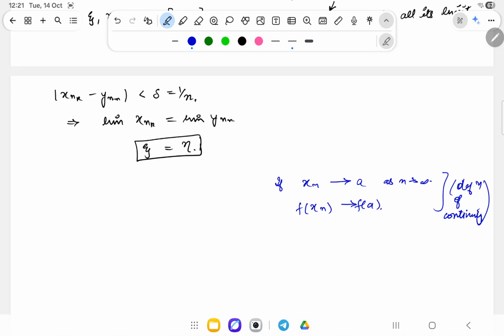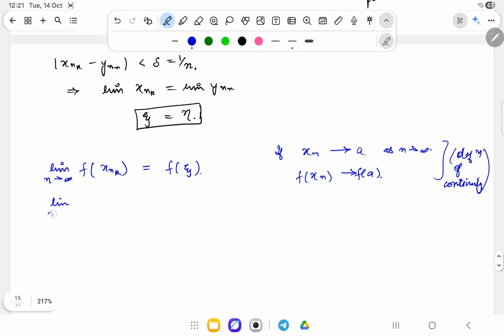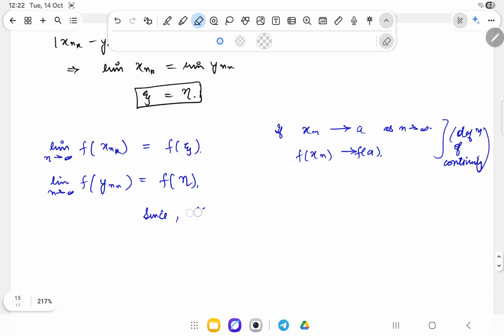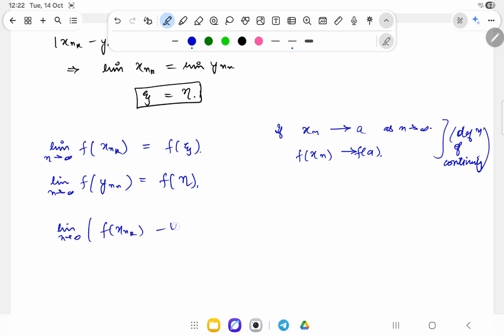Now since f is continuous, the limit as n approaches infinity of f of xnk must be equal to f of xi, and likewise the limit of f of ynm must be equal to f of eta. So from here we got that the limit as n approaches infinity of f of xnk minus f of ynm is approaching 0.